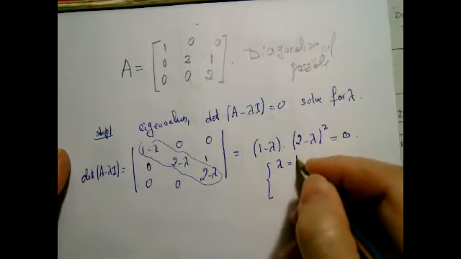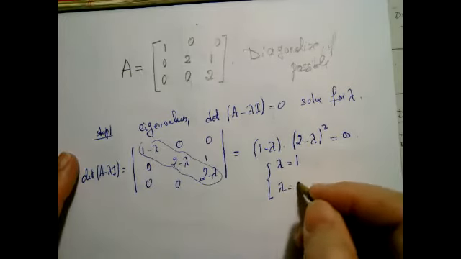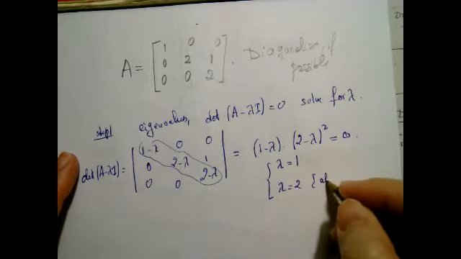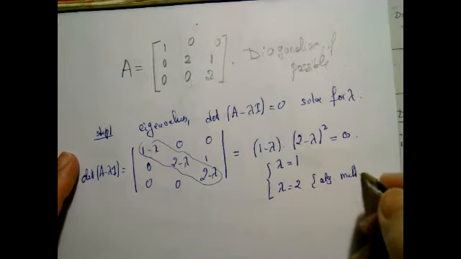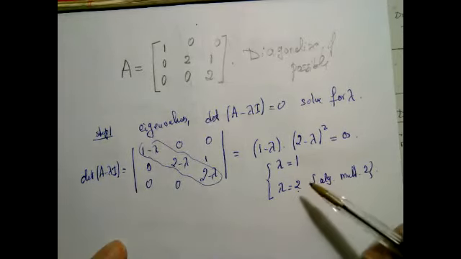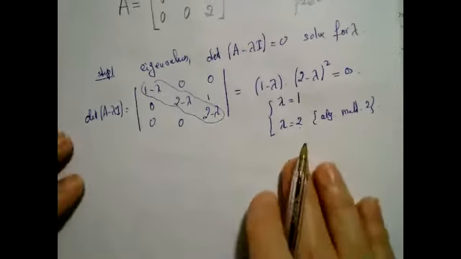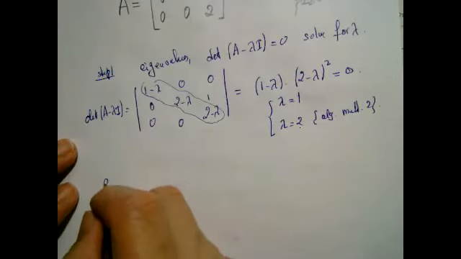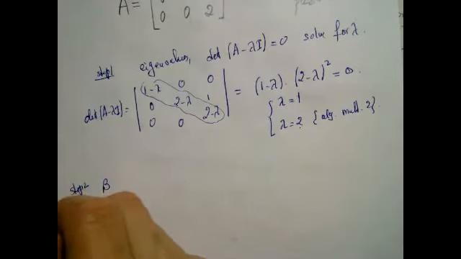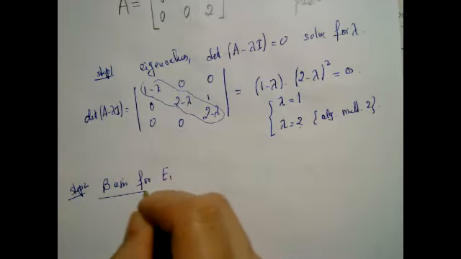And then we solve. Lambda equal to 1, that's an eigenvalue. And another one is lambda equal to 2, and this one we said is of algebraic multiplicity 2. Okay? That's what we call that. All right, now we have to go after the eigenvectors. For each one of them, I need to find the eigenvectors. I have 2 of them, so let us find them. So for E1, step 2, we're going to find the basis for E1.